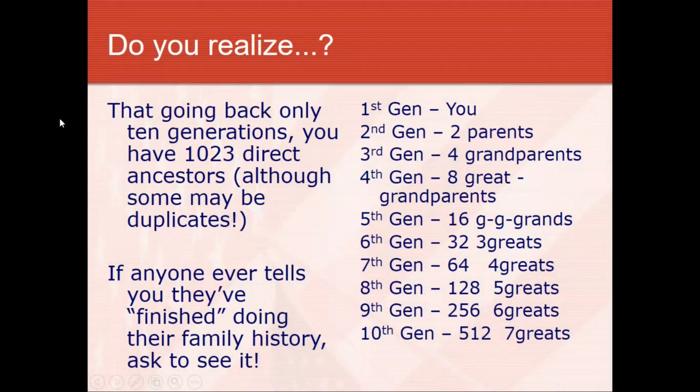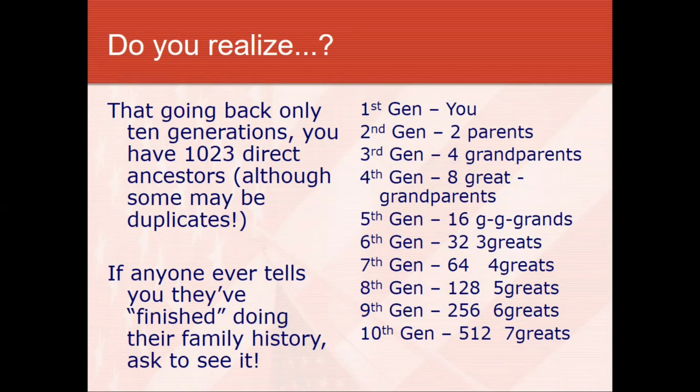Do you realize that if you go back only 10 generations, you have 1,023 direct ancestors? Although some could be duplicates depending on who married whom, cousin-wise. So if anyone ever tells you that they have finished doing their family history, ask to see it.